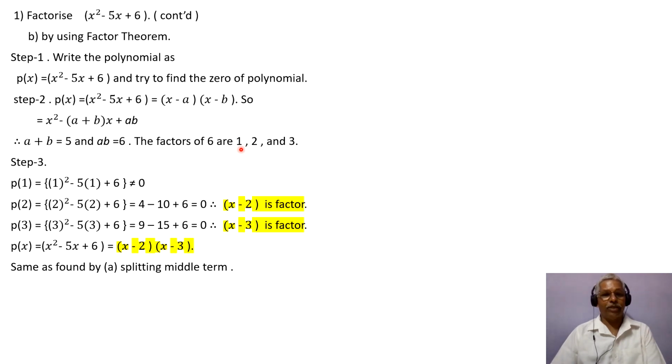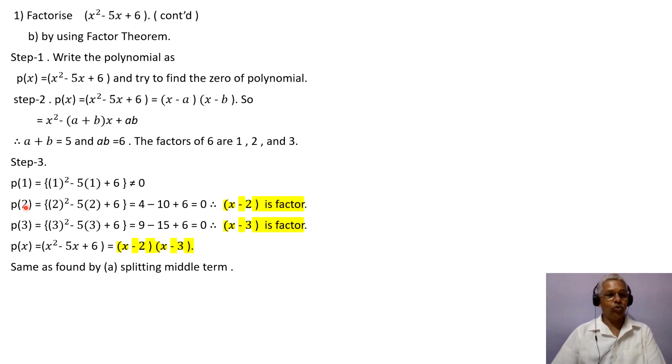Now try to find the zero of the polynomial. Substituting 1 in place of x, p(1) is equal to 1 square minus 5 into 1 plus 6, which is not equal to 0. For p(2), substitute 2 for x: 2 square minus 5 into 2 plus 6 is 4 minus 10 plus 6, which is 0. So x minus 2 is a factor.